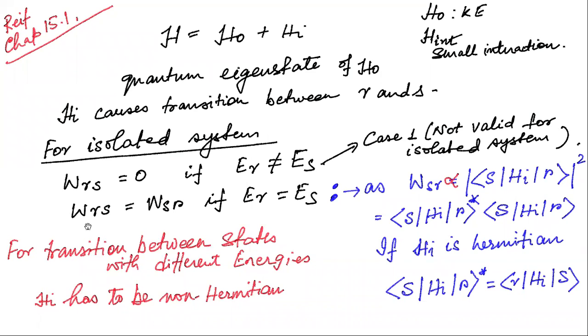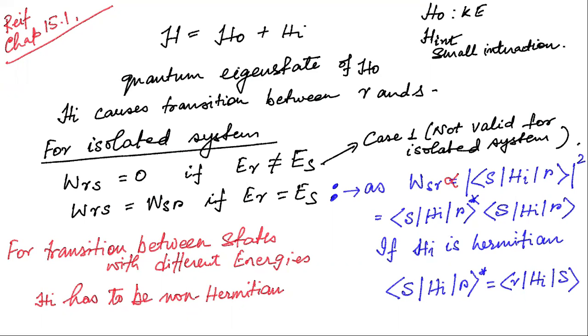But there can be transitions, if Hi is Hermitian, between R and S if the energy of R and energy of S is the same, and it can be shown, because Hi has to be Hermitian, that WRS, the transition probability from R to S and S to R, has to be equal, right?